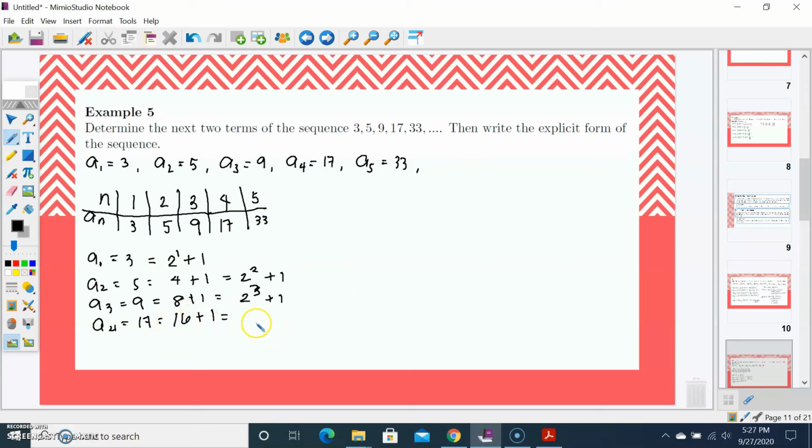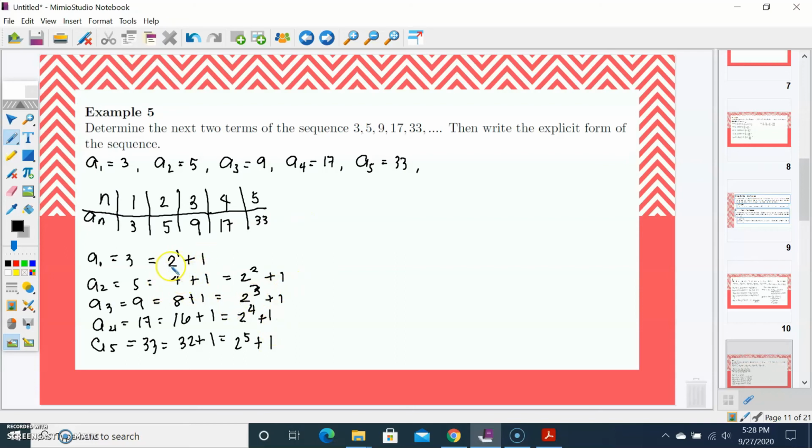And 16, as we all know, is equivalent to 2 raised to 4, plus 1. And then, the last term that we have, which is the fifth term, 33, is equal to 32 plus 1. And 32 can be expressed as 2 raised to 5. And then, we copy the plus 1.